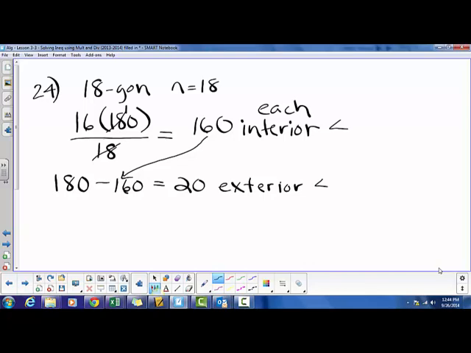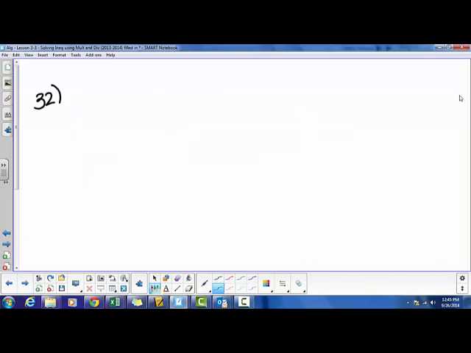Okay? Number 32, you're told that the sum of the measures of the angles of a polygon is given. So the sum is 180. So that means n minus 2 times 180 equals 180.